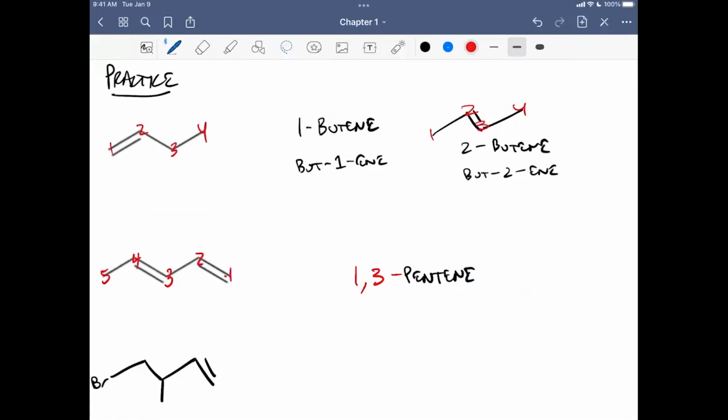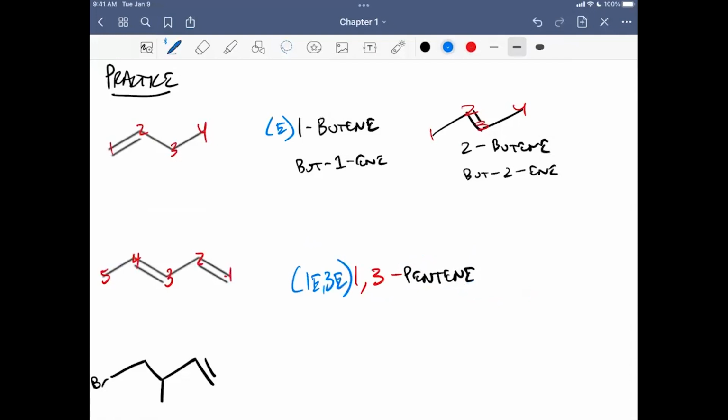And obviously I haven't been putting the Z and E. This would be, let's see, this would be an E, so 1E, and this would be 1E, 3E.